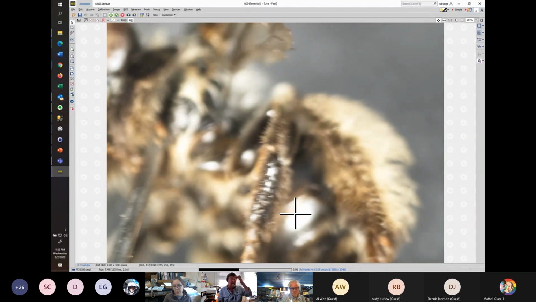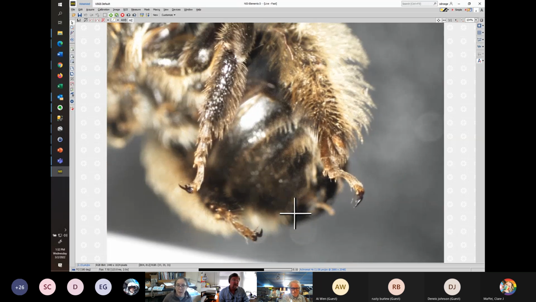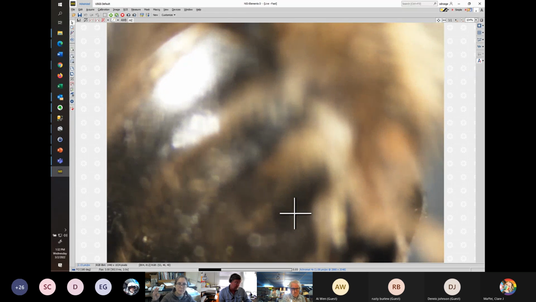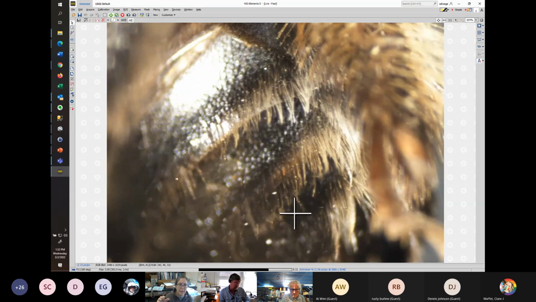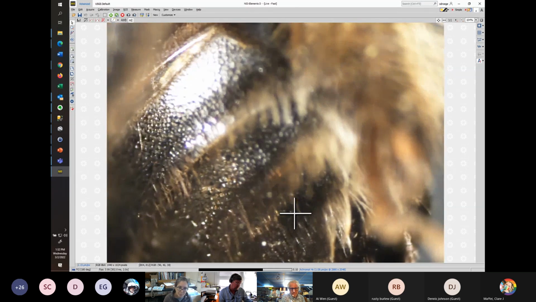Yeah, so those dark brown sternal hairs is one good way to tell those two species apart. And on the outer edges, there are always some light hairs on the sternum. Even in almost completely black species, you'll still have these little white areas, but the center of the sterna are all dark brown.